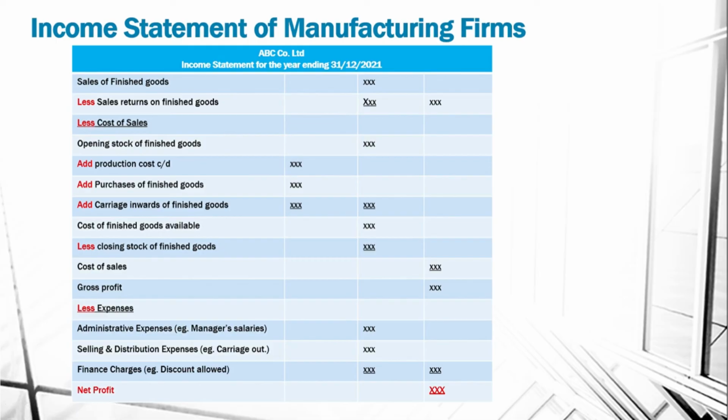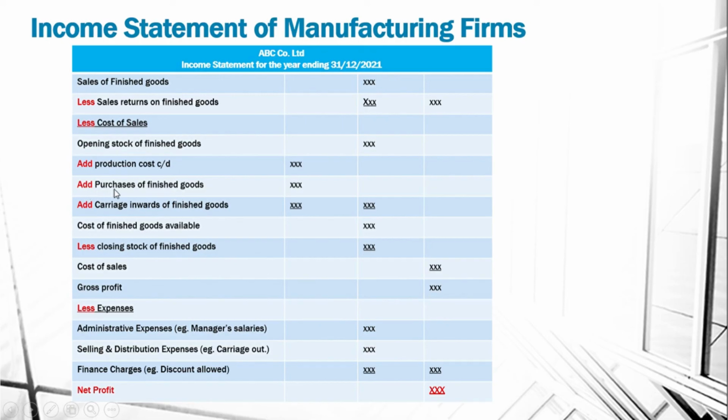The trading account really remains the same, but I want to point out that instead of having purchases, you have your opening stock of finished goods, and instead of adding purchases, you would add production cost here. The production cost that we just calculated is what would come right here.